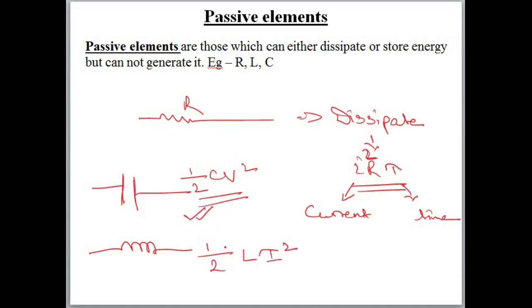So the capacitive circuit will store energy, the inductive circuit will store energy, and the resistive circuit will dissipate some energy. So passive elements are those which can either dissipate or store energy but cannot generate it. Resistance, inductance or capacitance cannot generate energy. They can either store or dissipate. So these are called passive elements.